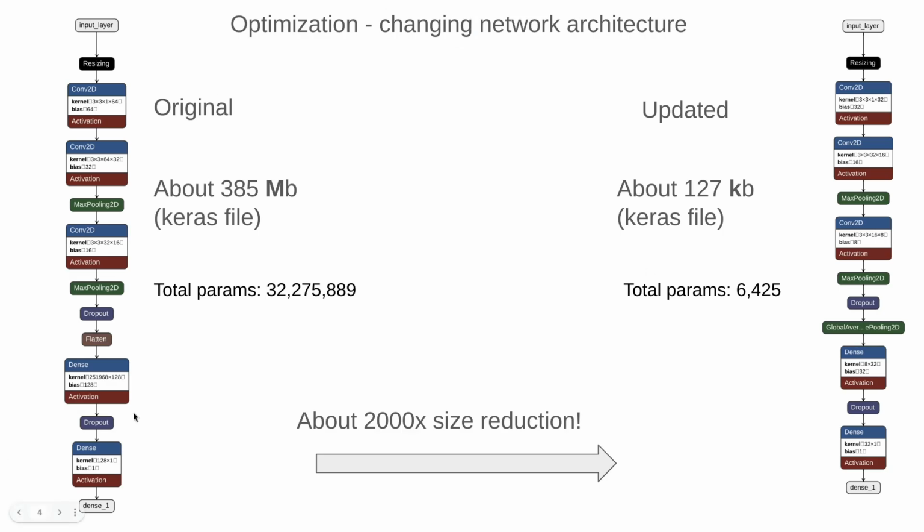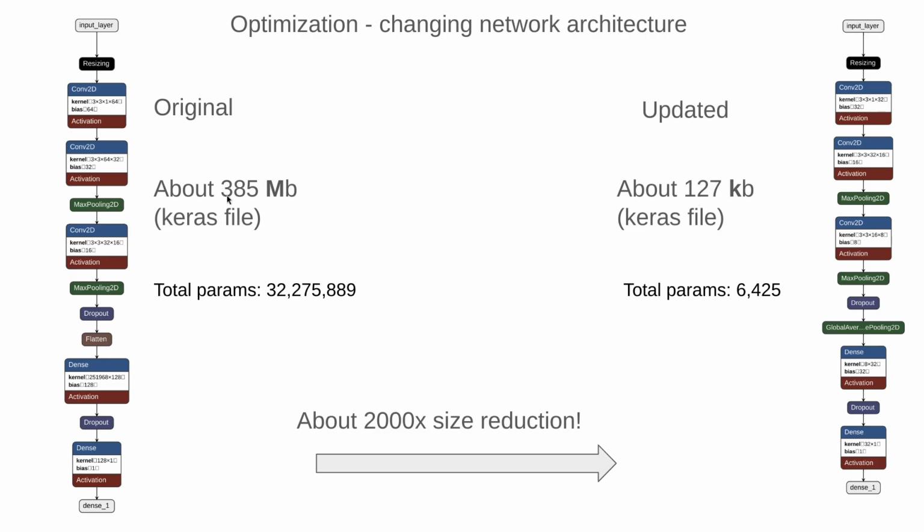So this is a visualization of the old and new network. The differences are minor, but I reduced the number of layers and the number of parameters, and as you can see, without quantization, and we will come to this a bit later, we have almost 2,000 times reduction in size.